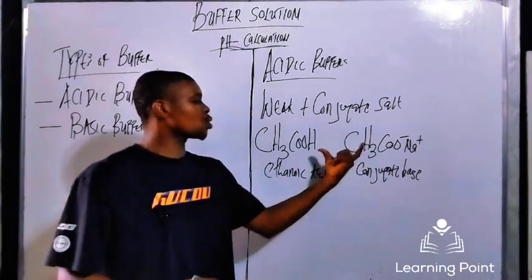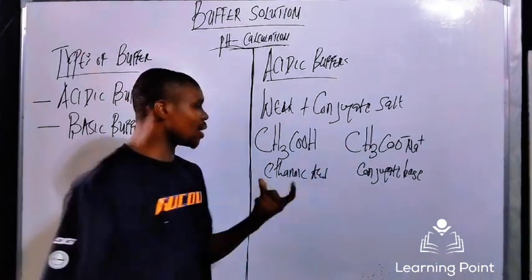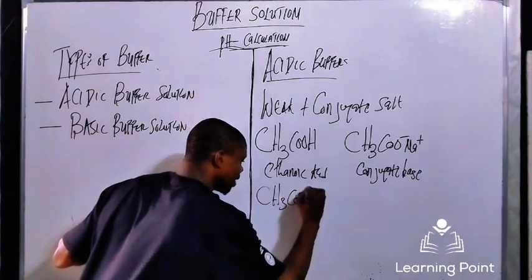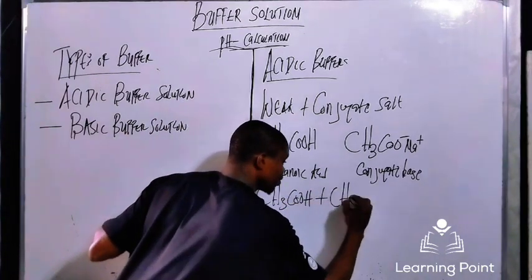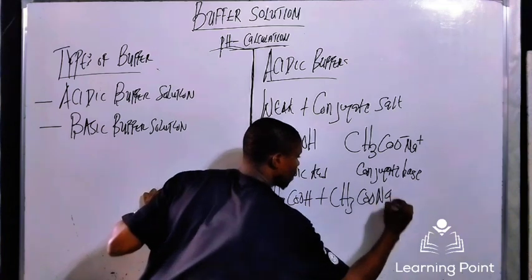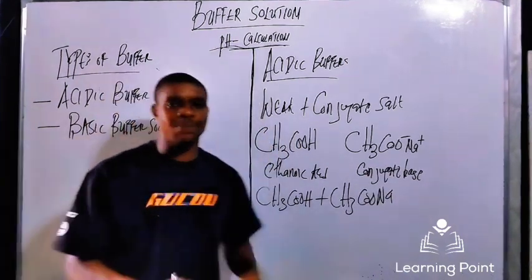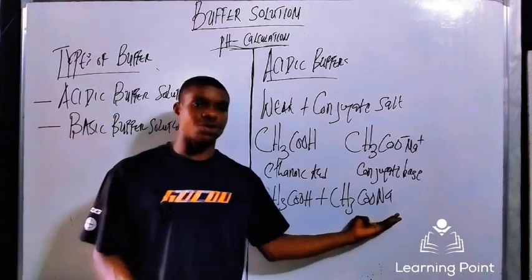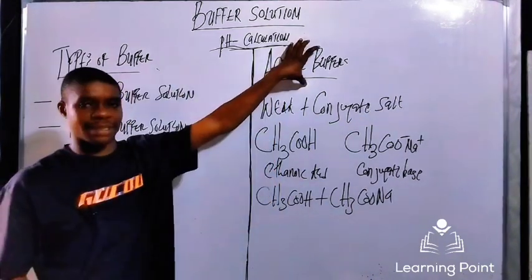So when you add the two of them into a solution, CH3COOH plus CH3COONa, this is called an acidic buffer. So a weak acid and its conjugate salt is called an acidic buffer.